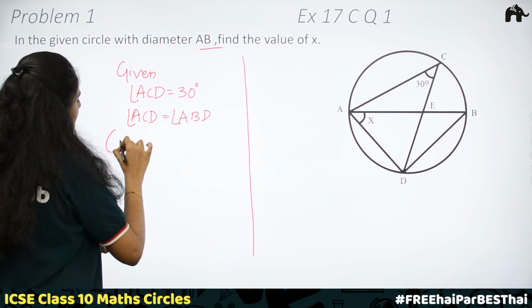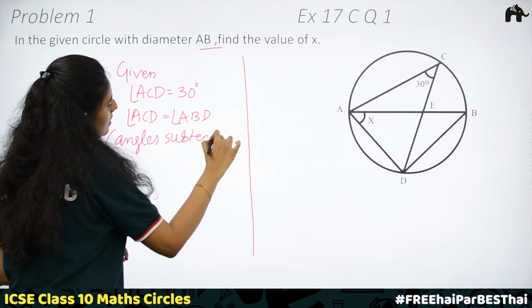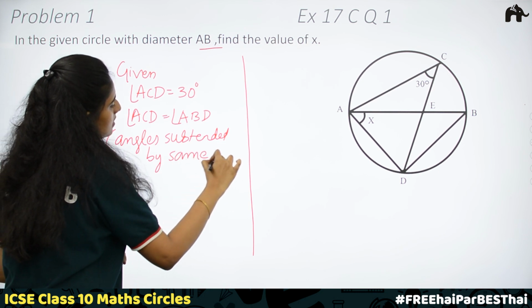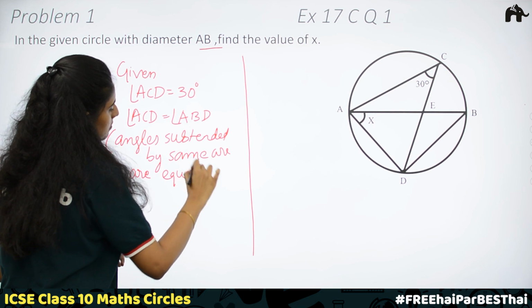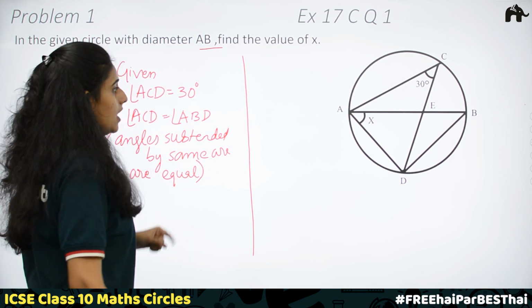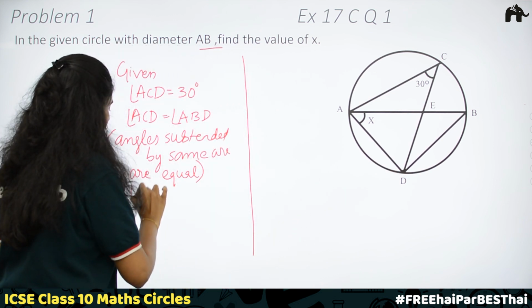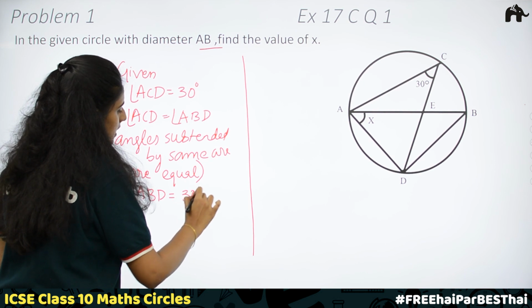The reason is angles subtended by same arc are equal. Therefore, angle ABD is equal to 30 degrees.